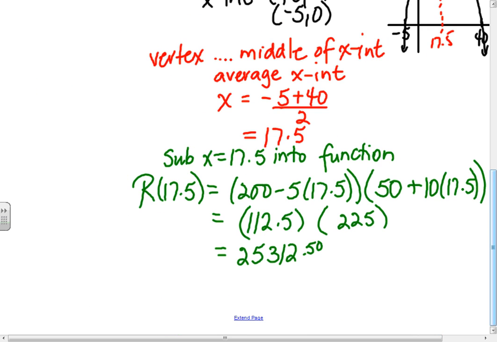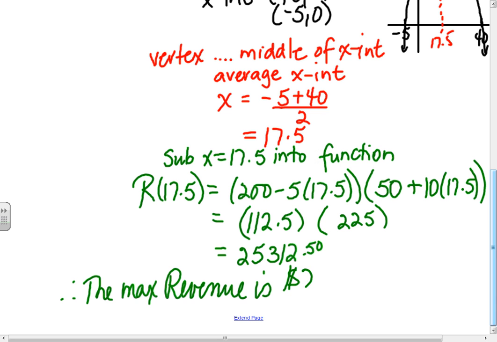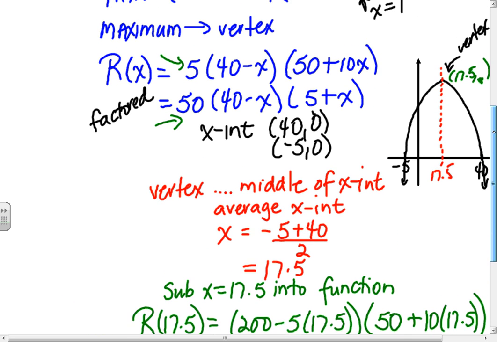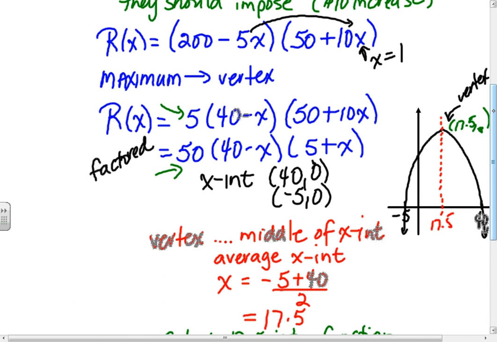So the maximum revenue is $25,312.50 when they sell the tickets for, we have an x value of 17.5, which means they increase the price by 17.5 $10 increases, which means they increase the price by $175.